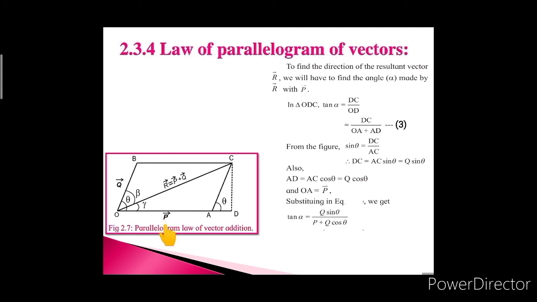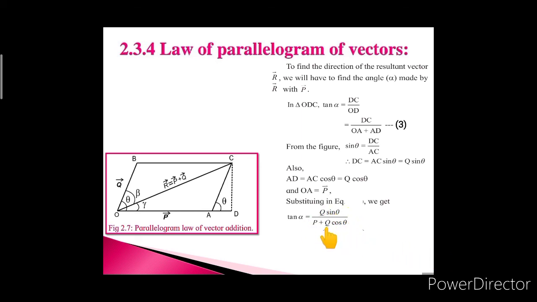Now let's substitute the values in equation number 3. So here when we substitute, DC we are getting as Q sin theta. So tan alpha is equal to Q sin theta upon OA plus AD. The value OA we have as P and the value AD we have as Q cos theta. So we write it as P plus Q cos theta. So the value of tan alpha we are getting as Q sin theta upon P plus Q cos theta.